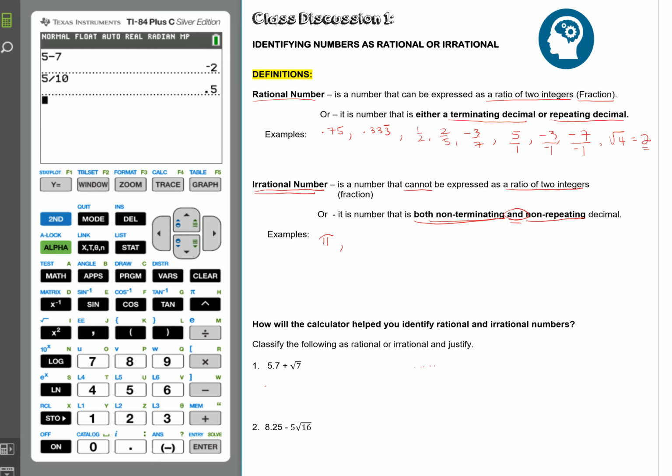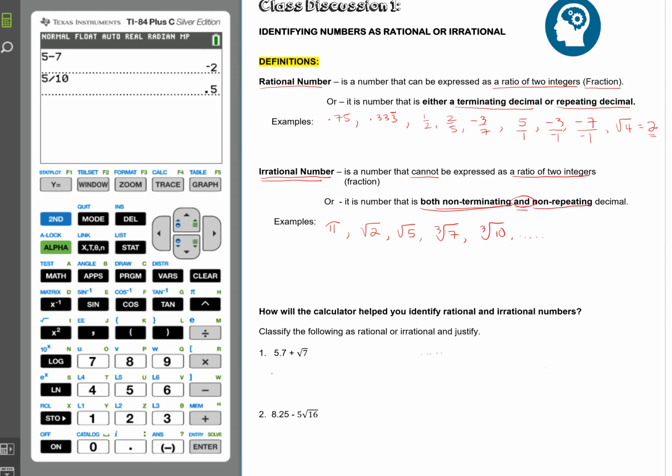Numbers whose roots are not perfect are also irrational numbers, like for example square root of 2, square root of 5, cube root of 7, cube root of 10, and so on. So all numbers that cannot be expressed as a ratio of two integers are called irrational numbers.